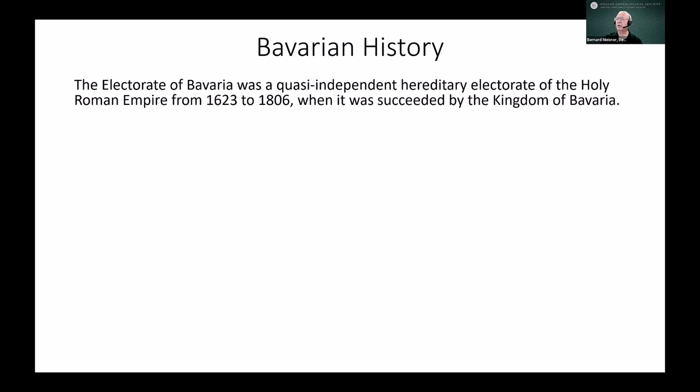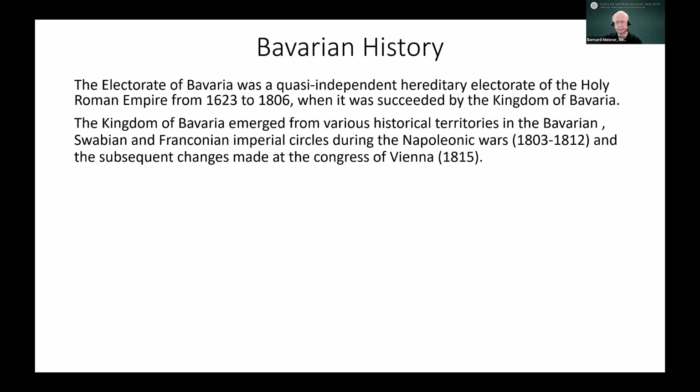That means they got to vote for the emperor. And then in 1806, it was succeeded by the Kingdom of Bavaria. That was the number of territories in Bavaria, Swabia, and Franconia, what were called imperial circles.